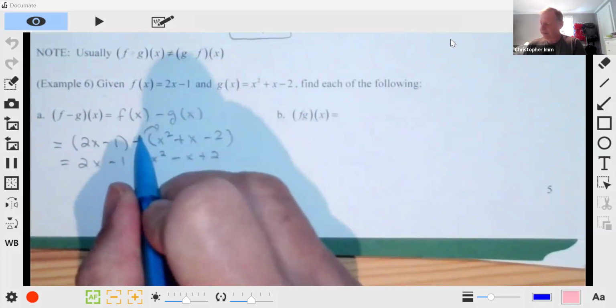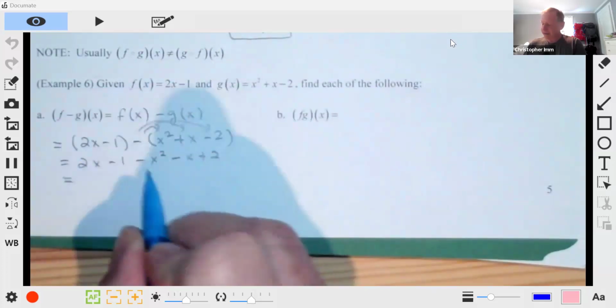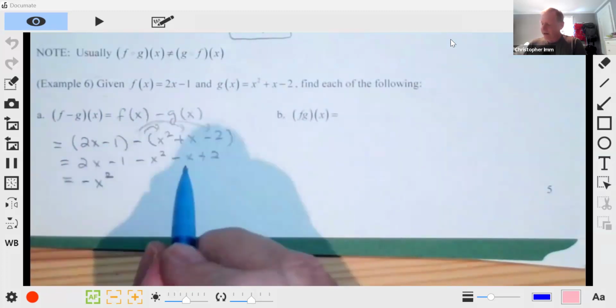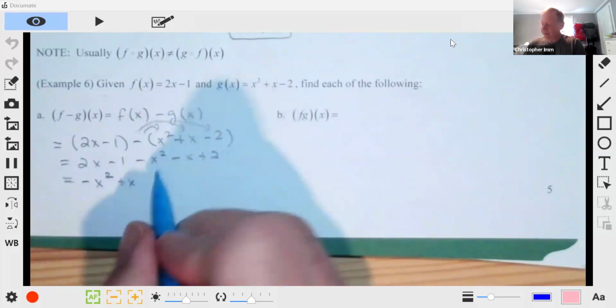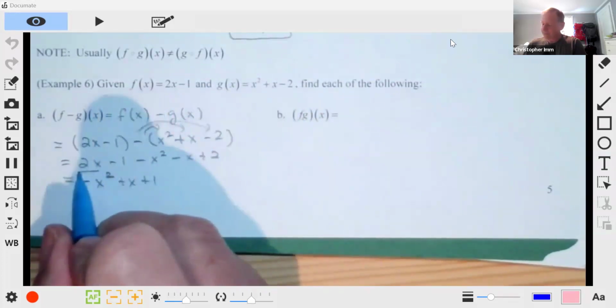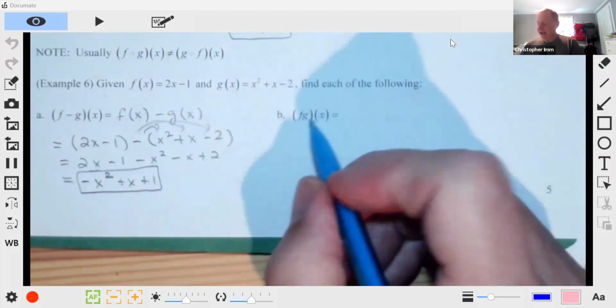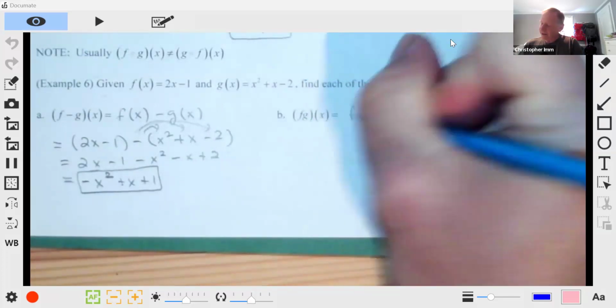Distribute that minus through all 3 terms and then combine like terms. I'm going to say minus x squared. 2x minus x is just x. -1 plus 2 is 1.